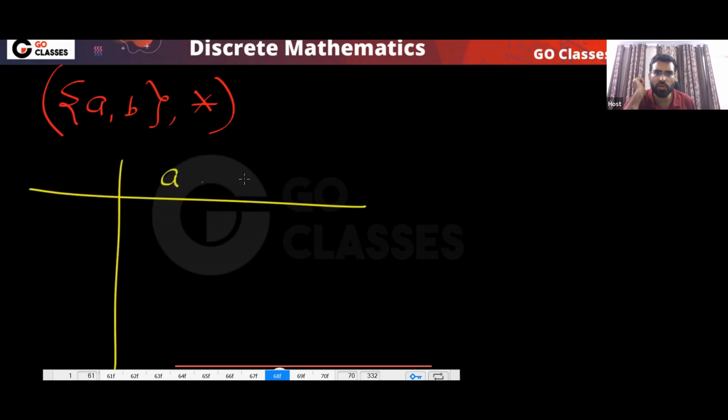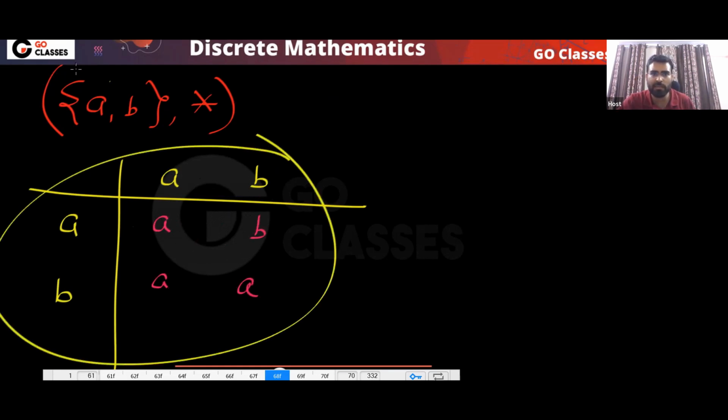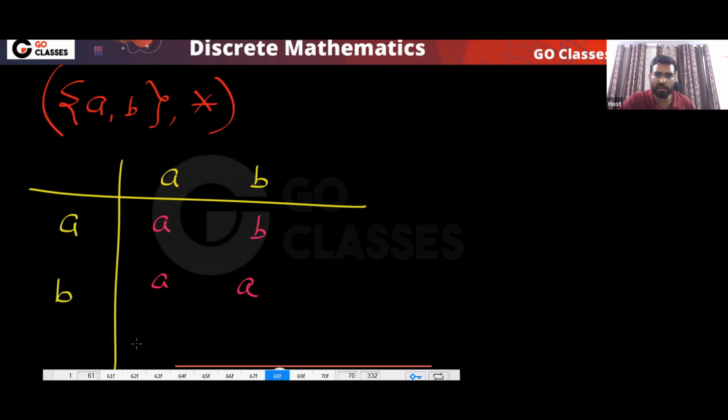Let's assume I write it like this. Tell me what it means. So basically, this structure I am representing by this table. This table is called an operation table.